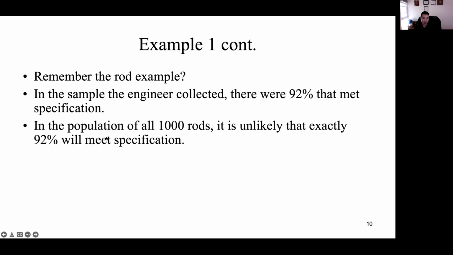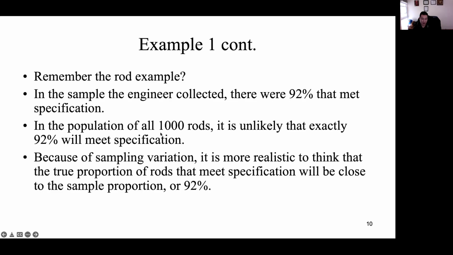In the population of the whole 1,000 rods, it is unlikely that exactly 92% will meet the specs, but close to 92%. But how close? Because of sampling variation, it is more realistic to think that the true proportion in the population of 1,000 rods meeting the specs will be close to 92%, but not exactly.